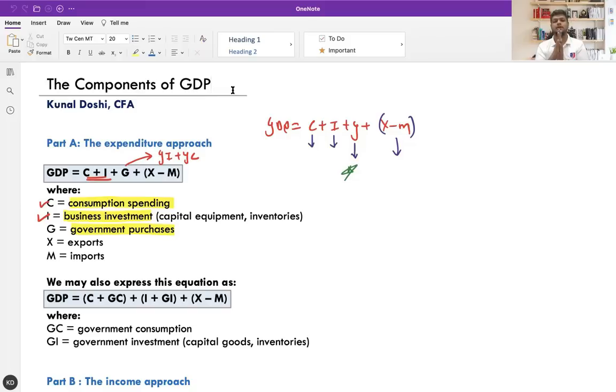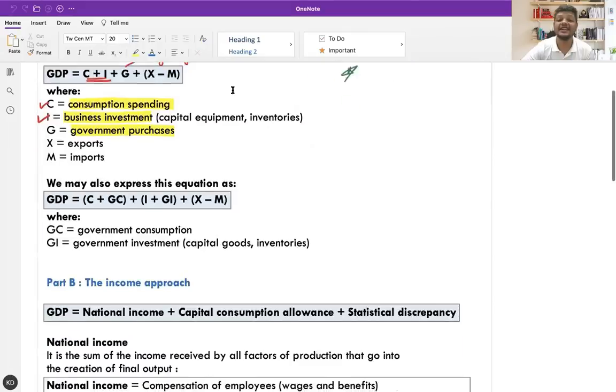You got my point? So C plus I, consumption and investment from the business, but G is government purchases, which can be government consumption and government investment. Is that clear? So I've written the equation down.